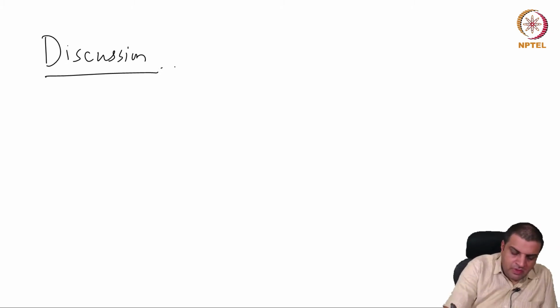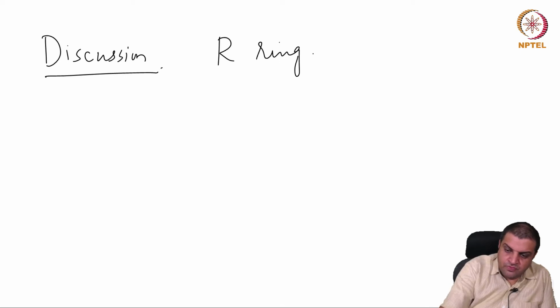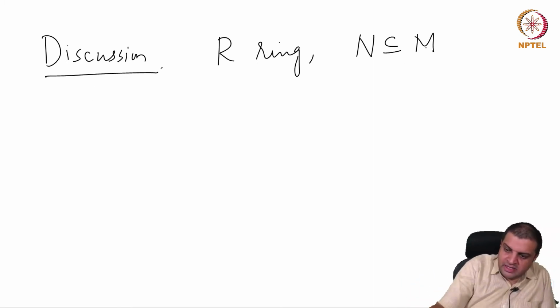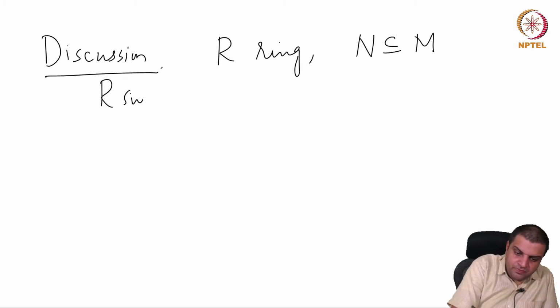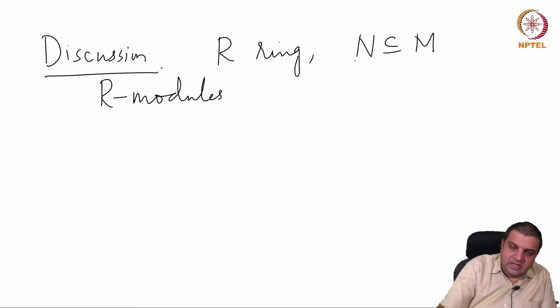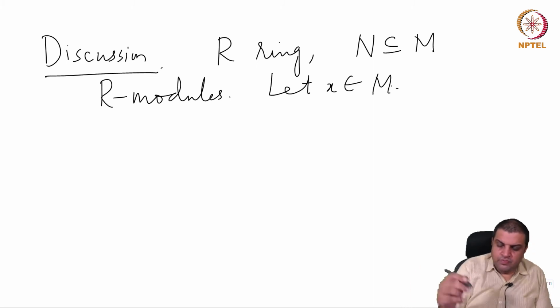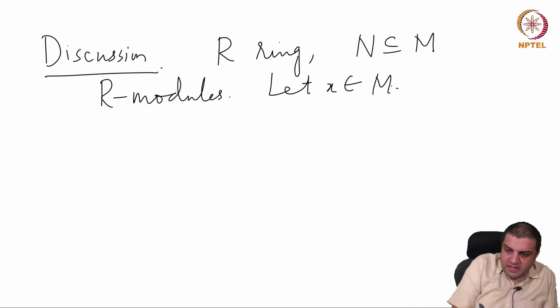Now R is a ring, and N inside M is an R submodule. Let x be inside M. Then we define the following.